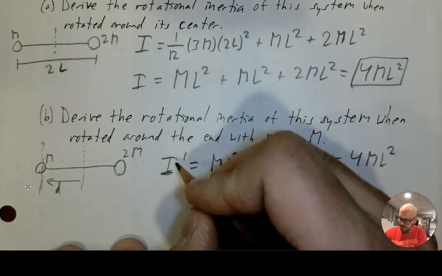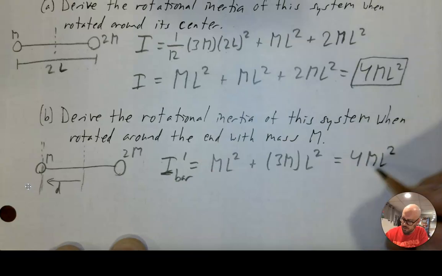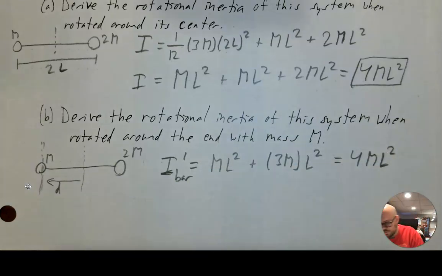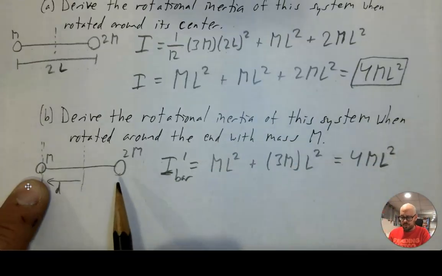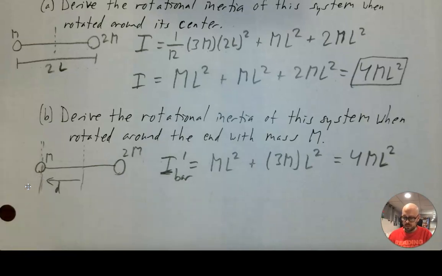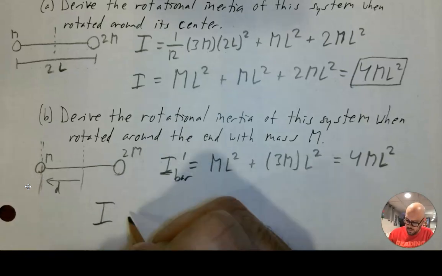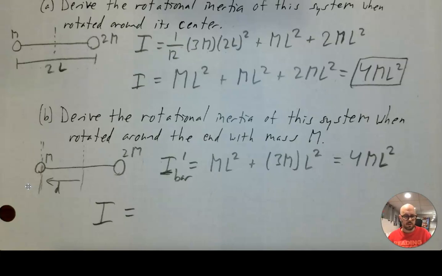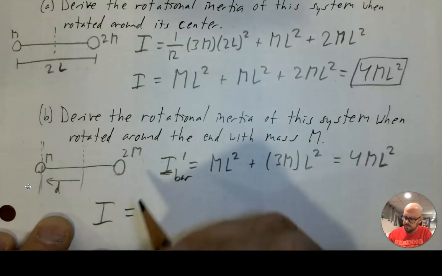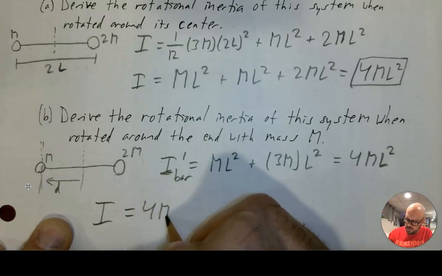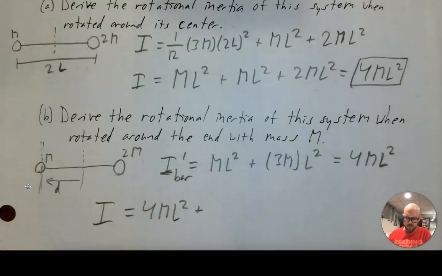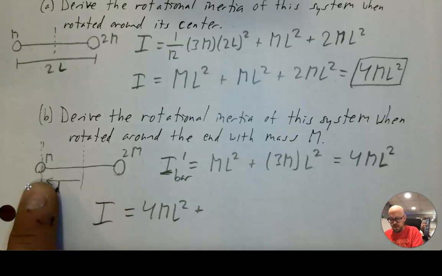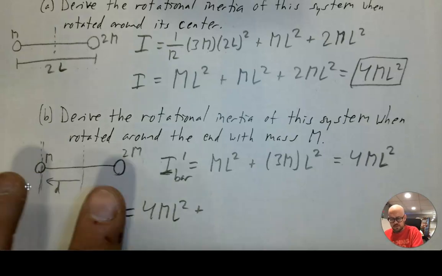Now that's just the bar. So you can note in your notes that that's just for the bar. Now I also have to update the rotational inertia of each individual sphere. So I can do that by imagining I'm going to calculate the entire rotational inertia again. So I start with the bar. That's going to be 4ml squared. And now I have to add in the inertia of each sphere.